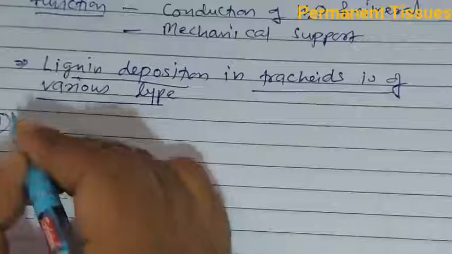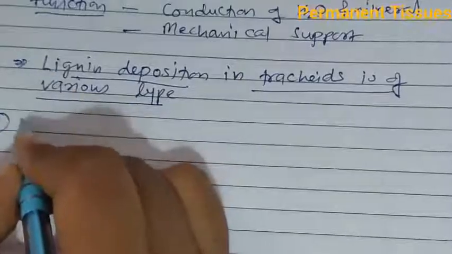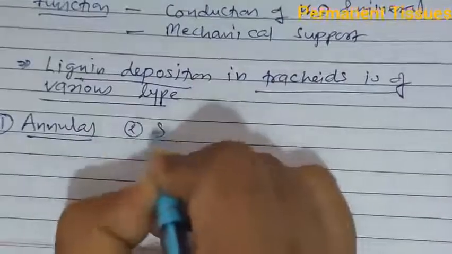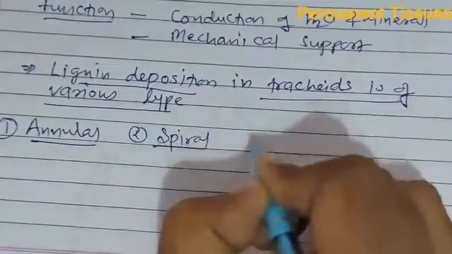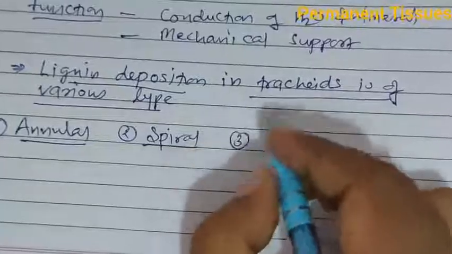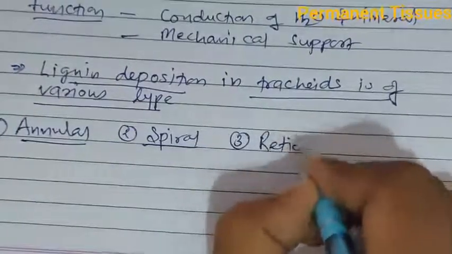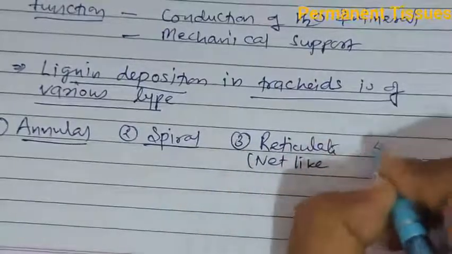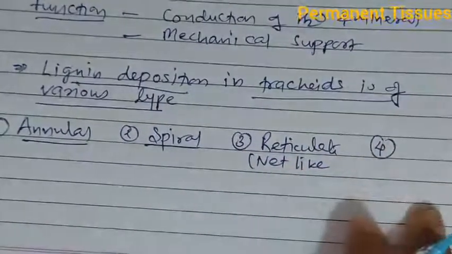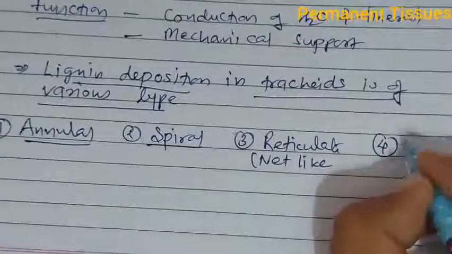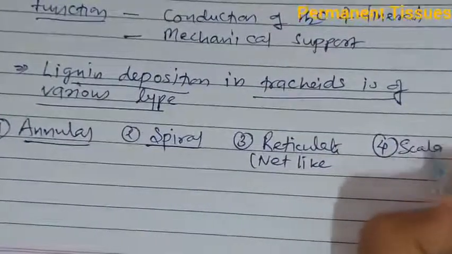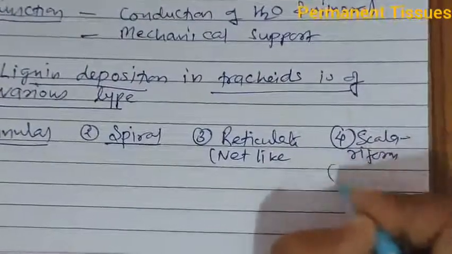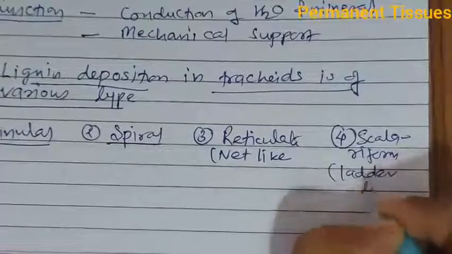So first is annular, second is spiral, third is reticulate or net-like, fourth is scalariform, that is ladder-like.